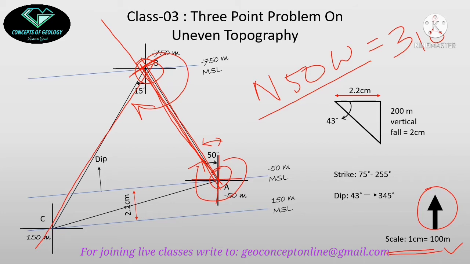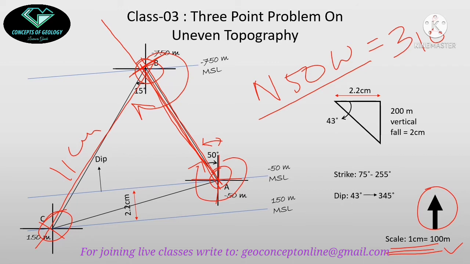The instruction also says the distance between B and C is 1100 meter, so according to my scale it will be 11 centimeter. At 11 centimeter I will cut that line. Suppose my 11 centimeter is coming here, and the exact position of C is coming here.